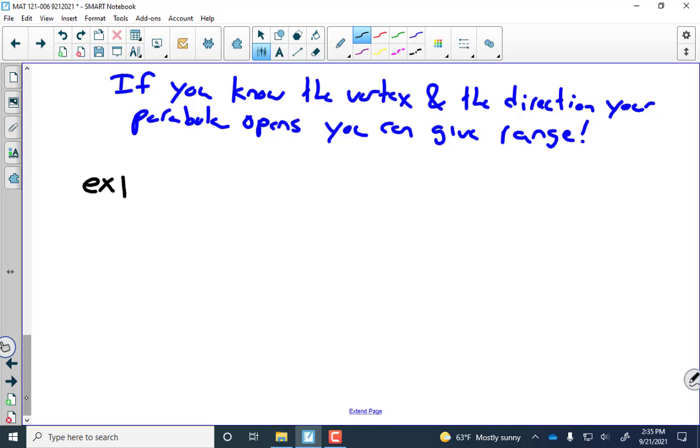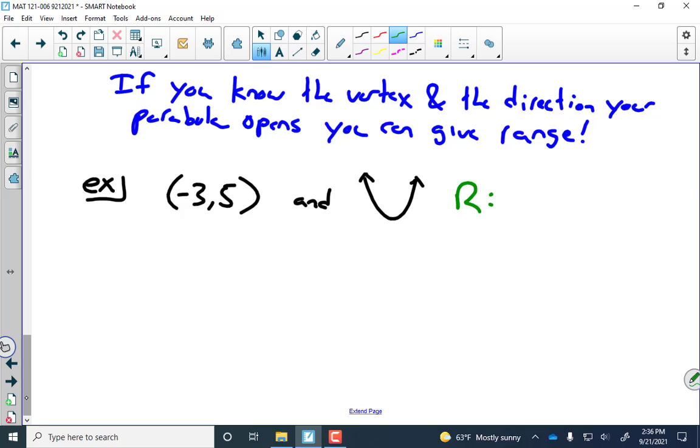Let's say I'm thinking of a parabola, and it has a vertex of -3, 5, and I also know it opens up, like that. I can give the range from that. Because every parabola either goes up forever or it goes down forever. What does this parabola do? Go up forever or down forever? Up forever.